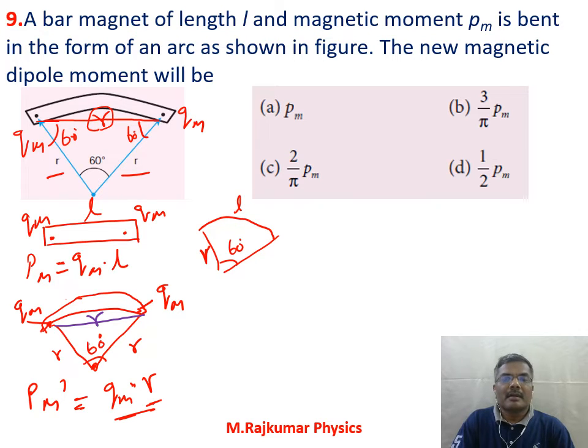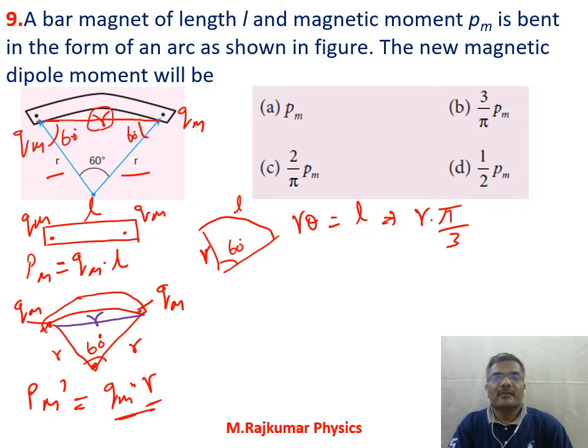It will be R into theta equal to L. This implies theta is 60, so the 60 I can write as pi by 3, which is 180 by 3. Why? Because if you see the four options here, I have some values of pi, and the options are in terms of Pm only, that is the unbent bar magnetic moment.